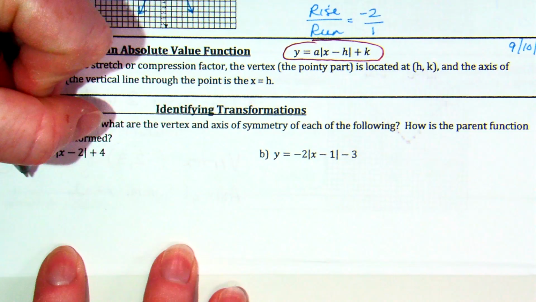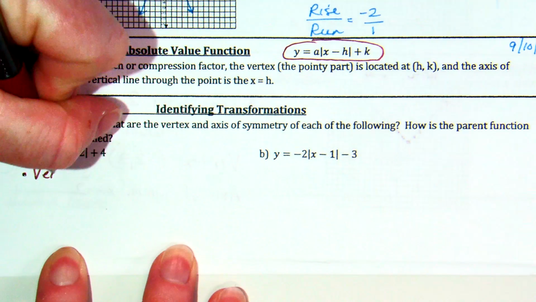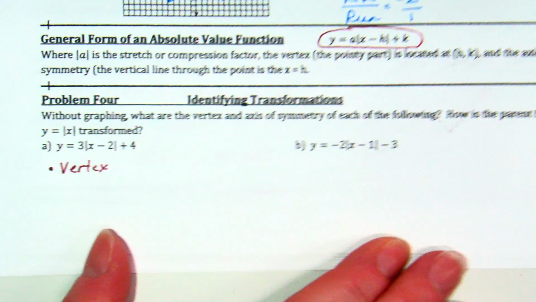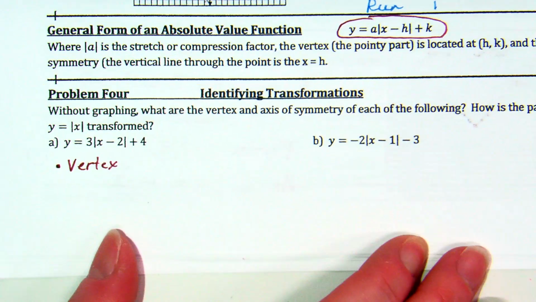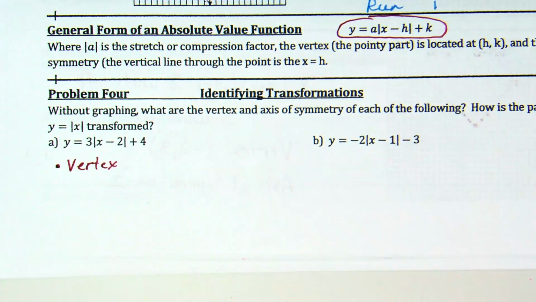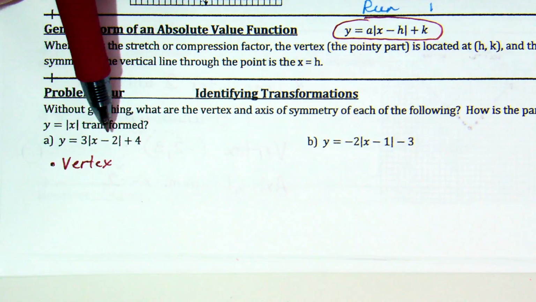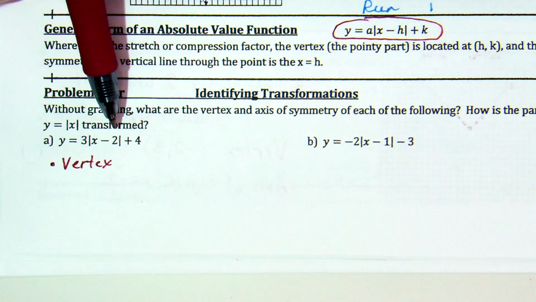Now, we were asked for 3 things. Let's start with the vertex. I heard 2, 4. Do you guys agree? I'm hearing negative 2, 4. No, because 2 goes to the right, positive. Okay, so what I tend to do is think about which way this is going to move me. X minus 2 is going to move me right 2.